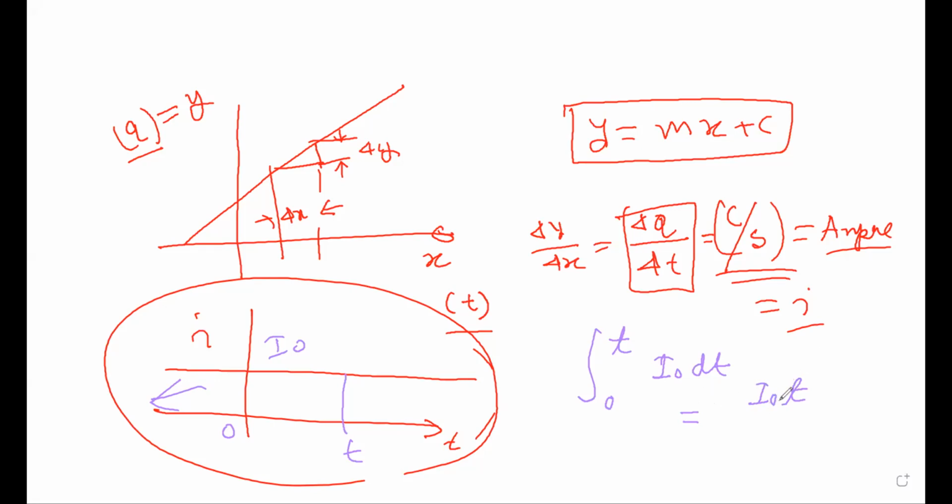And if your system is carrying an initial current, then that should be added to it. Consider that our system starts with 0 current and 0 charge. In this case, this line will be something like this, isn't it? Okay, now if you want to go back there, this is the process. Analytically, it is obtainable.